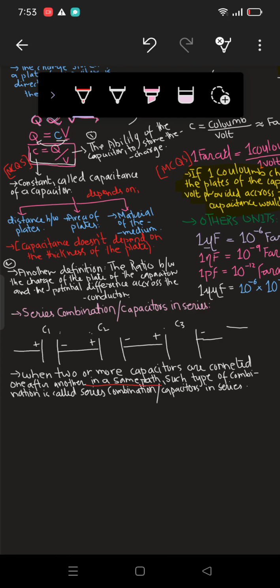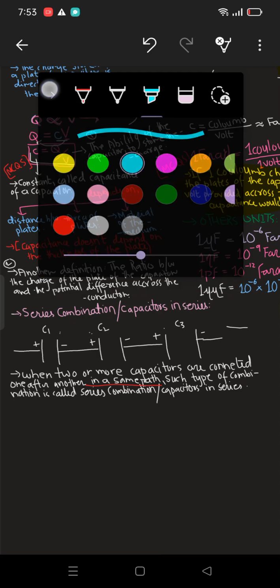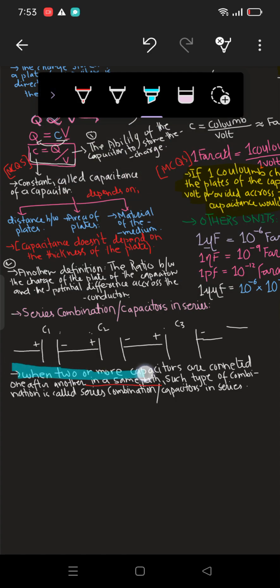Again I am repeating for you guys: when two or more capacitors, which means when three capacitors are connected one after another in a same path, such type of combination is what we call the series combination or capacitors in series.